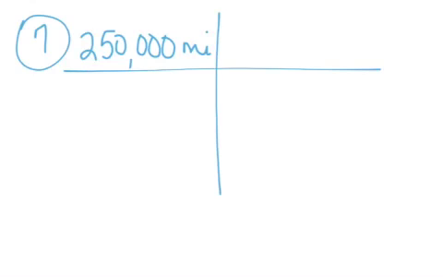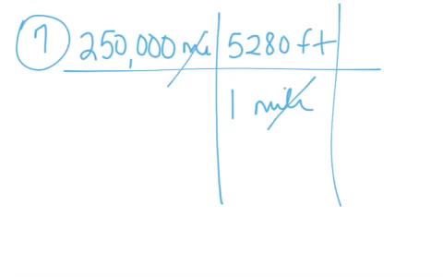Number 7. The moon is 250,000 miles away. And how many feet is this? So we're starting with our miles. I know our conversion factor is 5,280 feet per 1 mile. Miles cancel.